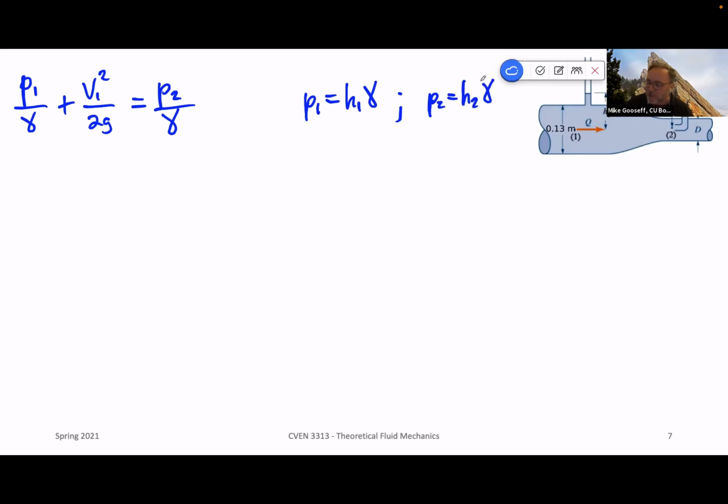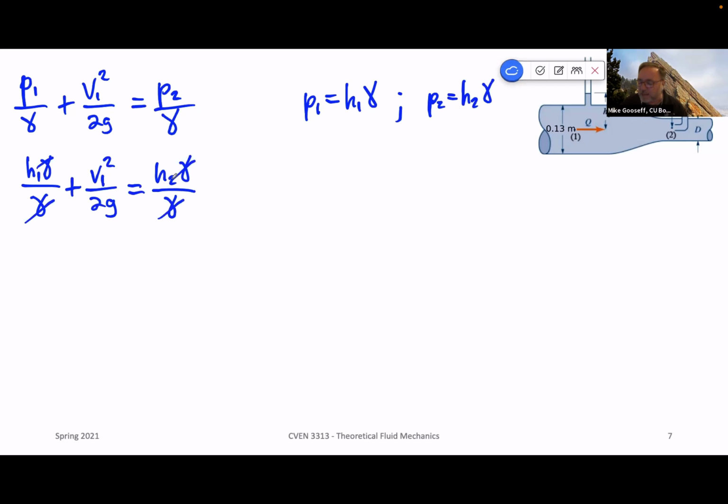So let's plug those in here. So H1 gamma over gamma plus V1 squared over 2G is equal to H2 times gamma over gamma. Okay, so right away, you're looking at this going, oh, this simplifies quite a bit, right? We can get rid of some gammas, just like that.